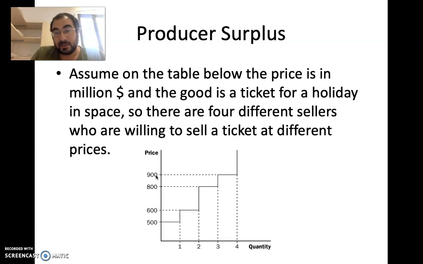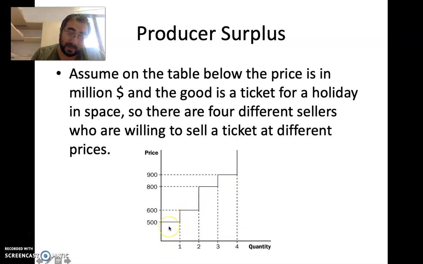And there are 4 sellers who are willing to provide space travel, but the minimum price they are willing to get is different, maybe because their production costs are different, I don't know. The first one is willing to sell the space travel for $500 million, the second one for $600, the third one for $800, the fourth one for $900.